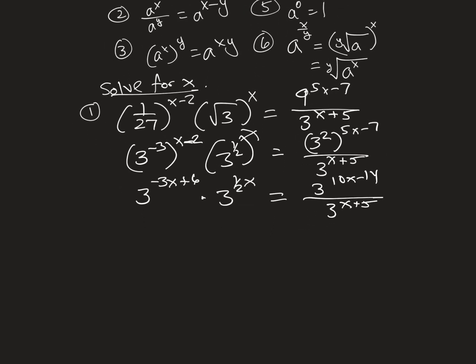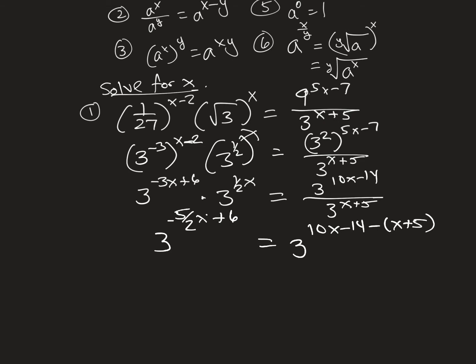Okay, almost there. So on the left side, I've got same base, I'm multiplying, so I'm going to add the exponents. So it's going to be negative 3x plus a half x, which is negative 2.5, or negative 5/2 x, plus 6 equals, on the right side, same base, you subtract exponents. So it's going to be 3 to the 10x minus 14 minus x plus 5.